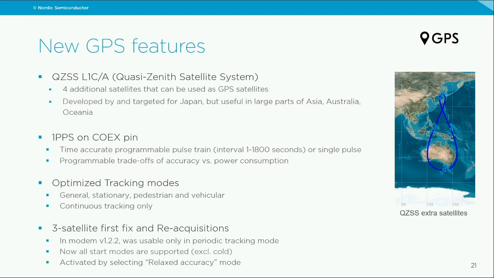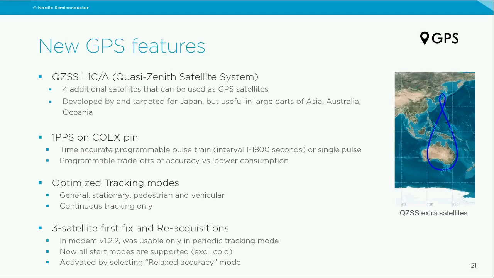And talking about GPS, we have new features, and we have support for QZSS, quasi-zenith satellite system. This is actually 4 additional satellites that can be used for GPS satellites. These satellites are located around the APAC area.